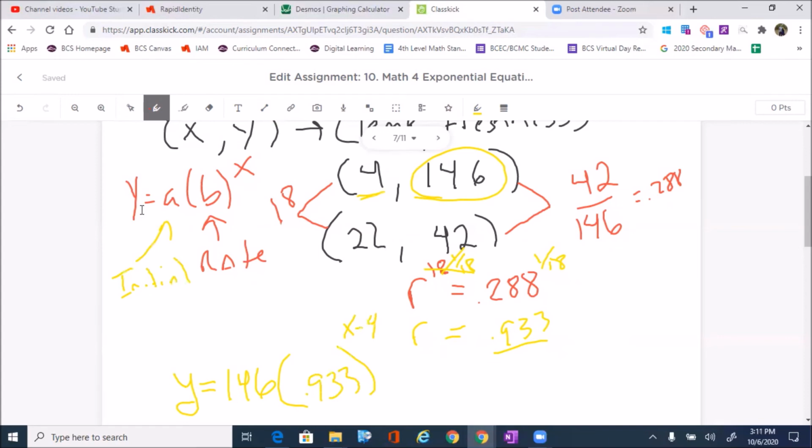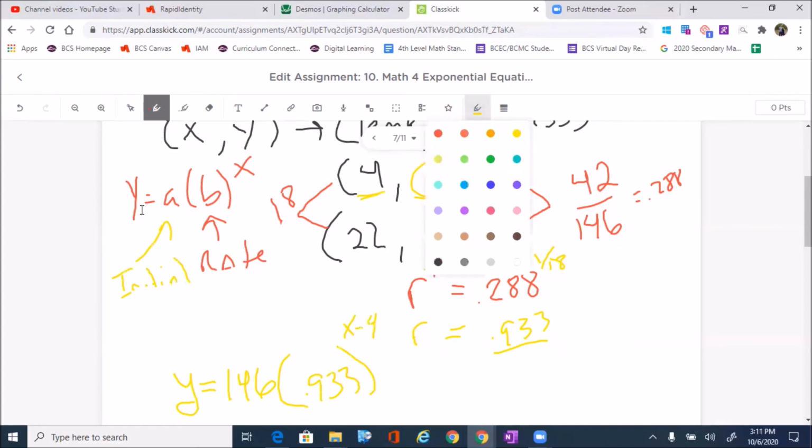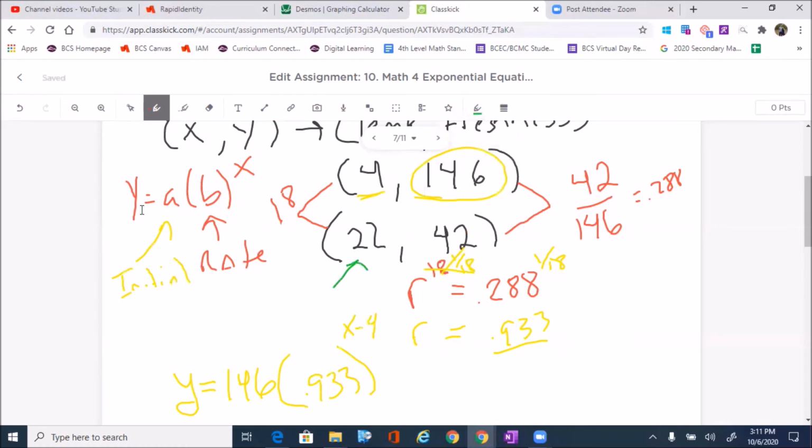I can also rewrite this equation another way. I can go to the point 22 and say y equals 42 times 0.933 to the x, shifted to the right 22, so x minus 22.